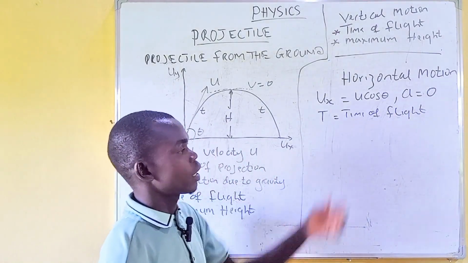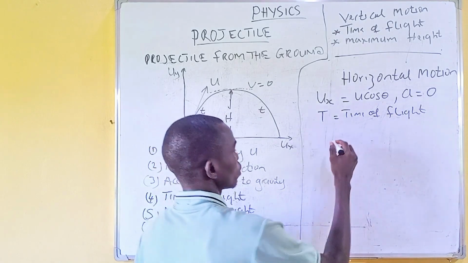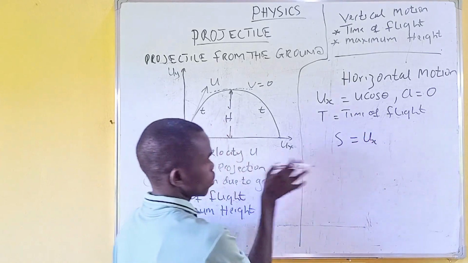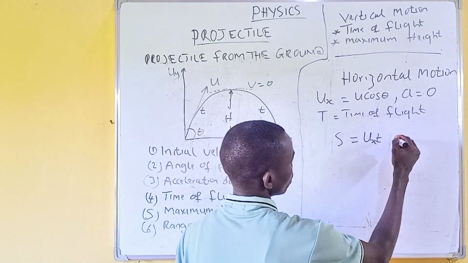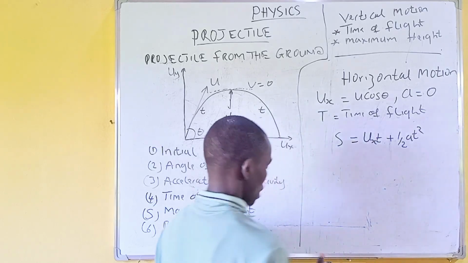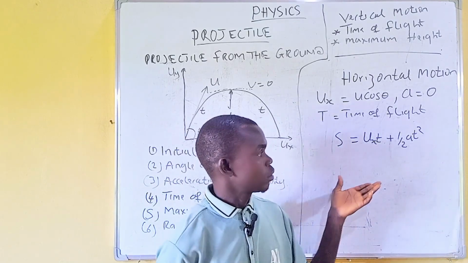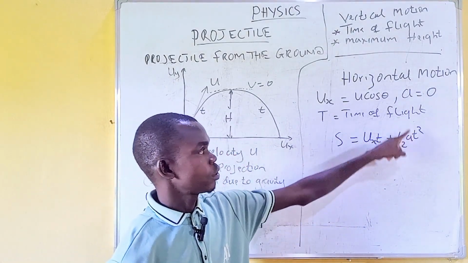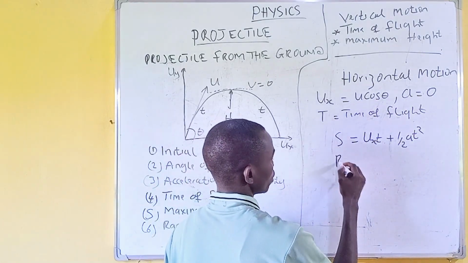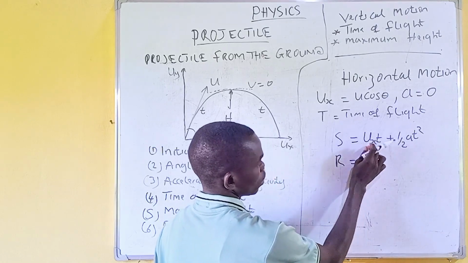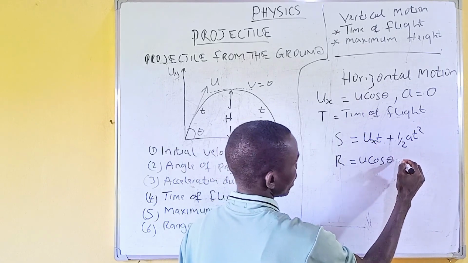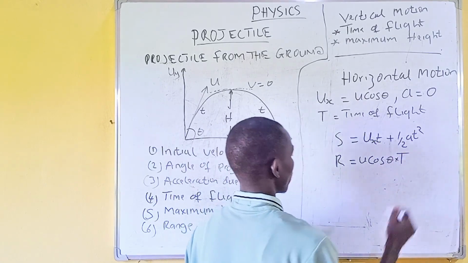So with these parameters, we can use the equation of motion s is equal to ut plus 1 over 2 at squared, since we are considering the horizontal motion. The horizontal acceleration is equal to 0, and s will now be the range. Now we have range R is equal to the horizontal component, which is u cos theta, times the time of flight.